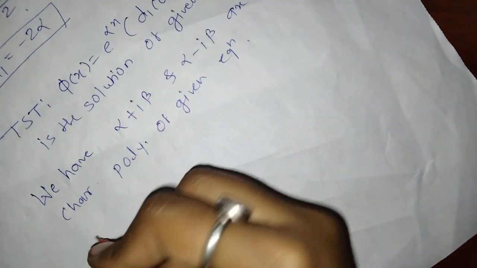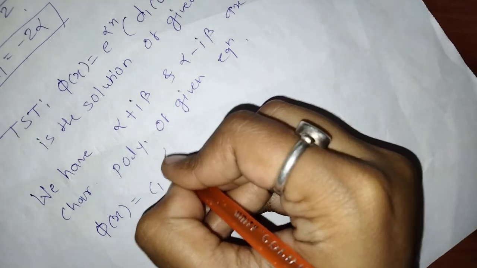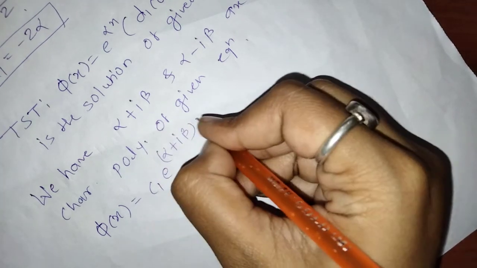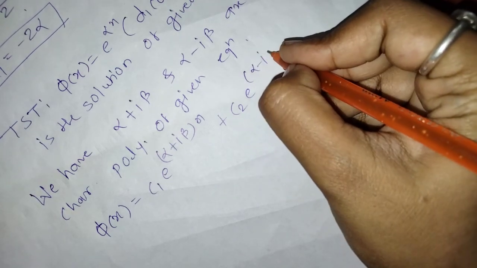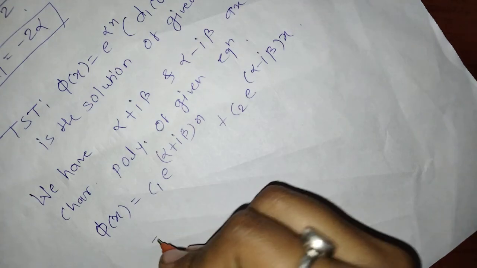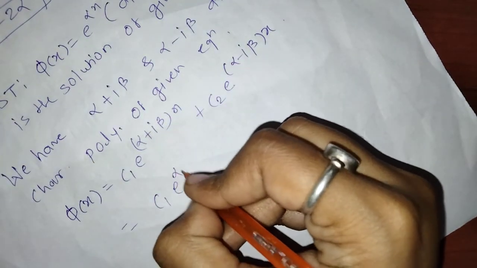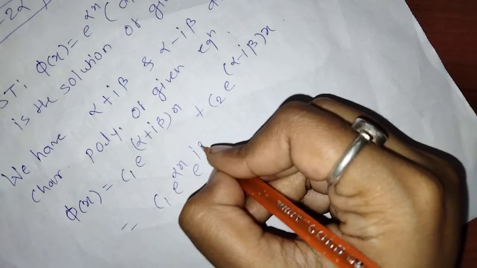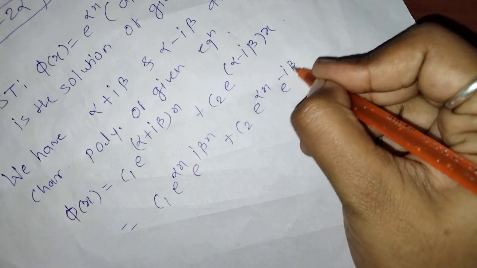So the solution can be written in the form phi of x is equal to c1 e raised to alpha plus i beta x plus c2 into e raised to alpha minus i beta x. So you can see that this can be written as c1 e raised to alpha x into e raised to i beta x plus c2 e raised to alpha x e raised to minus i beta x.